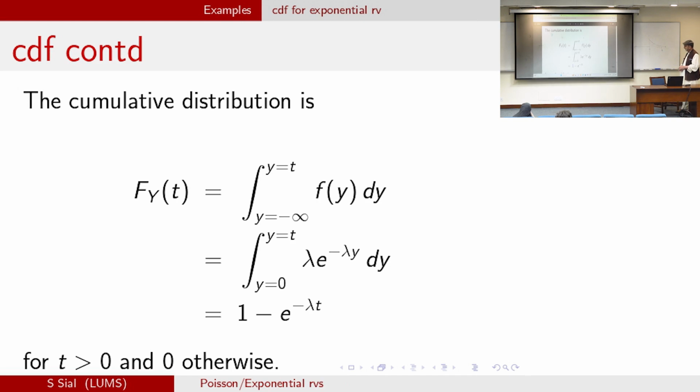The PDF is 0 below 0 anyway, so I may as well integrate from y equals 0 to y equals t. On that interval the PDF has the form lambda e to the negative lambda y, and that gives me 1 minus exponential of negative lambda t, for t greater than 0, of course.